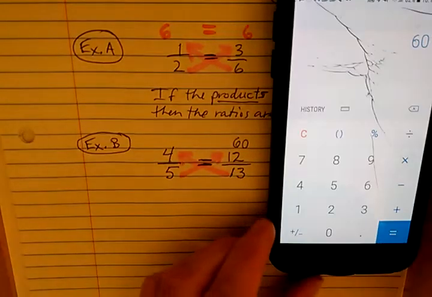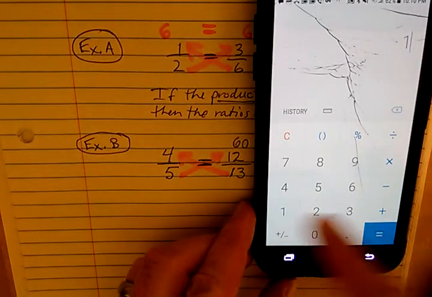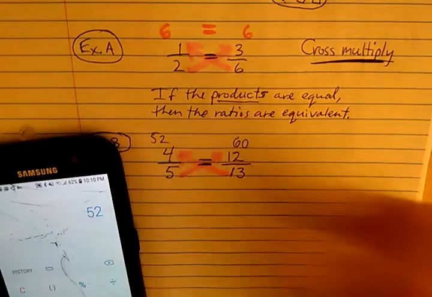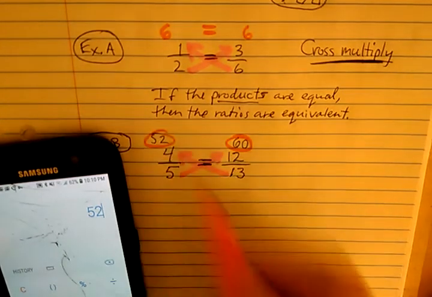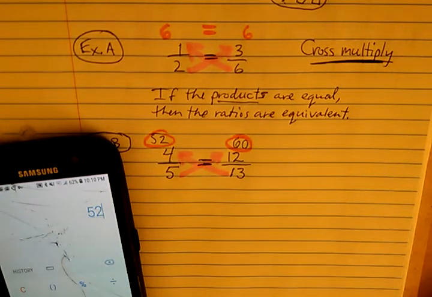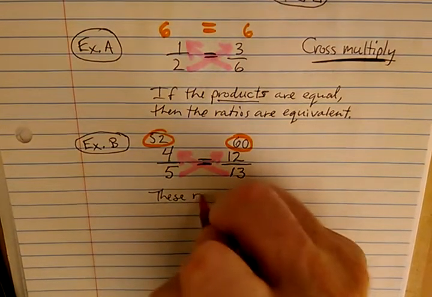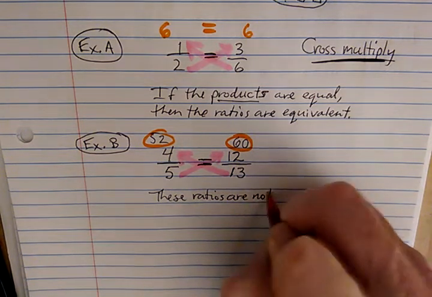And then clear that. 13 times 4. 13 times 4 equals 52. Not equal. So these products did not come out to be equal. So we would say these ratios are not equivalent.